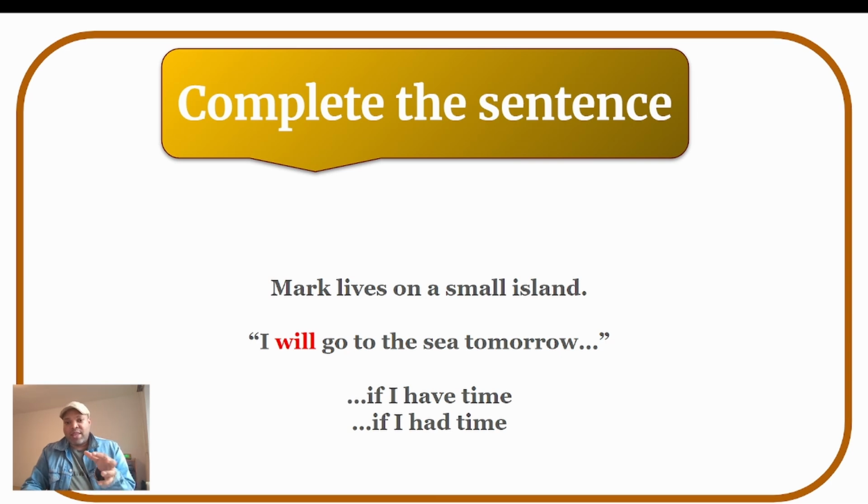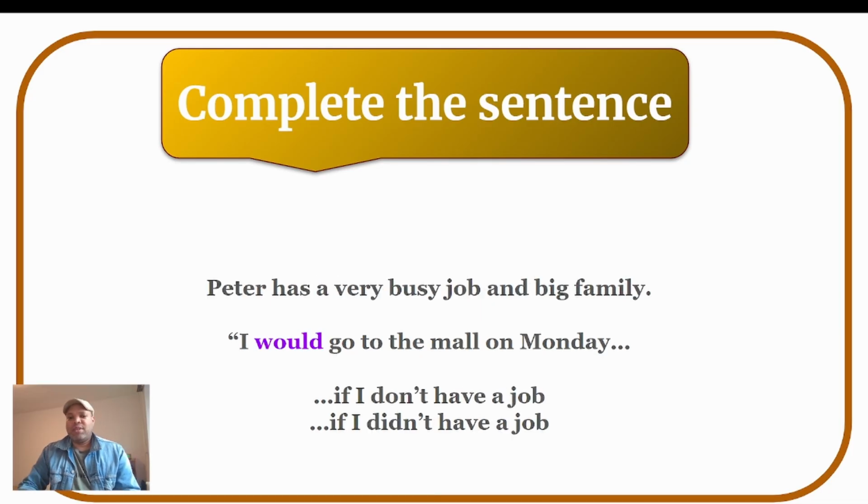Well, we know that it's possible for Mark to go to the sea tomorrow because Mark uses will. So we need a condition that's also possible. Which one is that?